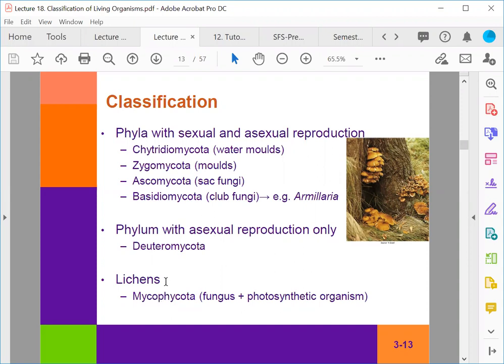These are the lichens. And you might know that lichens are actually a symbiotic relationship between a fungus and a photosynthetic organism such as an algae or bacteria. So two organisms actually working together to form a lichen.